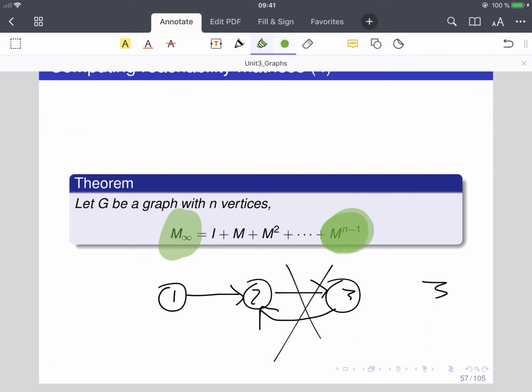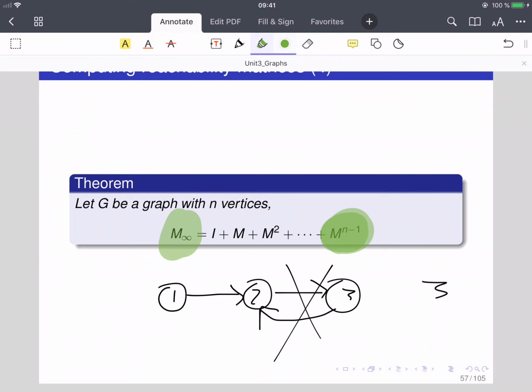So we reduce numbers greater than 1 to 1, and what we obtain is the reachability matrix. And if the reachability matrix is composed only by ones, if there are no zeros, then we know whether the graph is connected or not. Okay, so that's what we need to do.